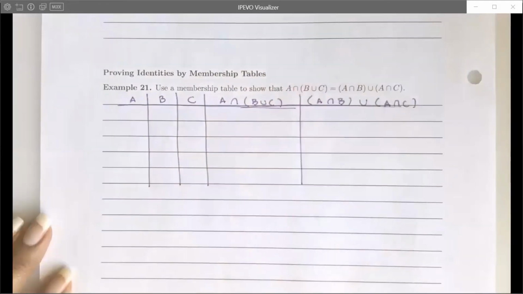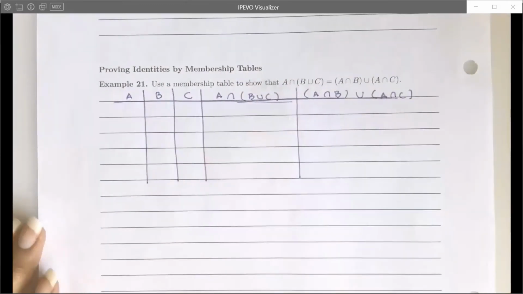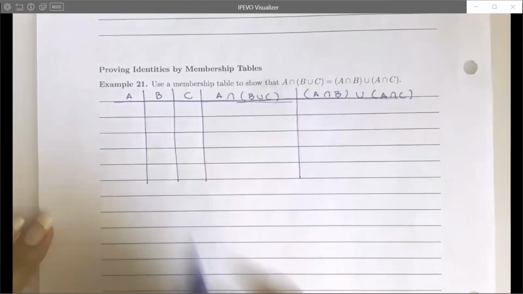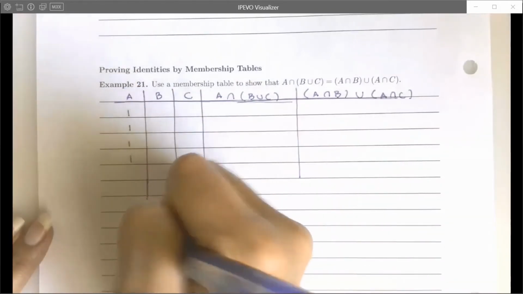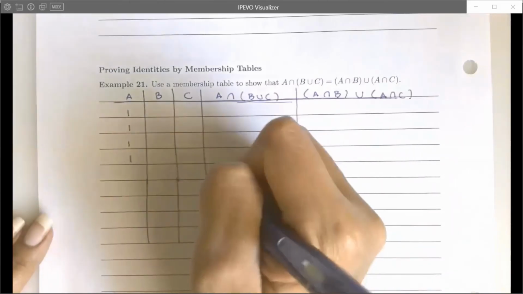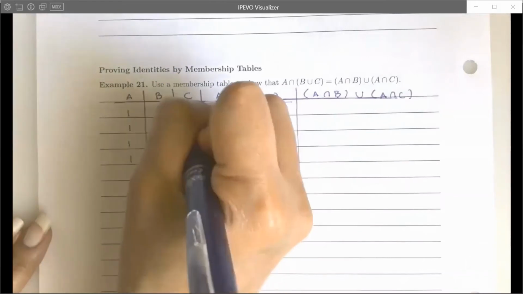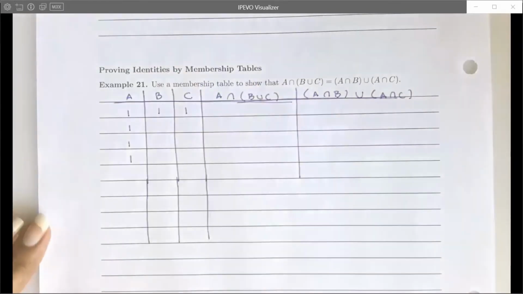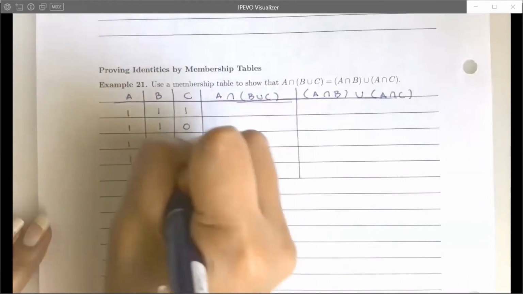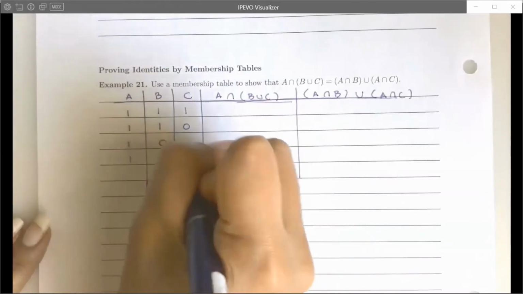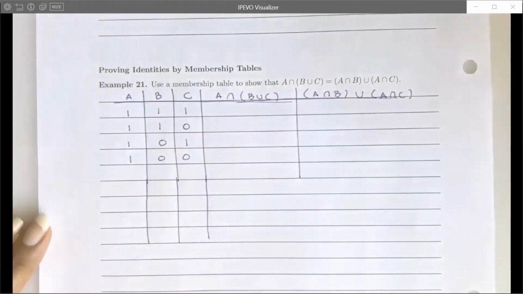All right, so let's think about all the possible combinations of zeros and ones for sets A, B, C. I could start off with the element present in set A, and then have it be present in set B and in set C, and then alternate that it is in B but not in C, that it is not in B but it is in C, or that it's in neither one of those.